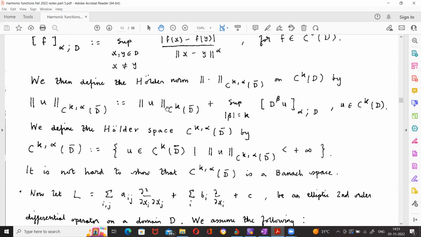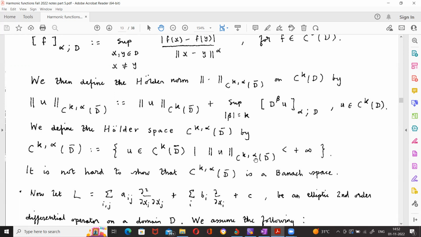And then add that to the CK norm. And so then the Holder space CK alpha of D closure consists of the functions in CK of D closure whose CK alpha norm is finite. So it's basically the CK functions on D closure whose kth partial derivatives are all alpha Holder.